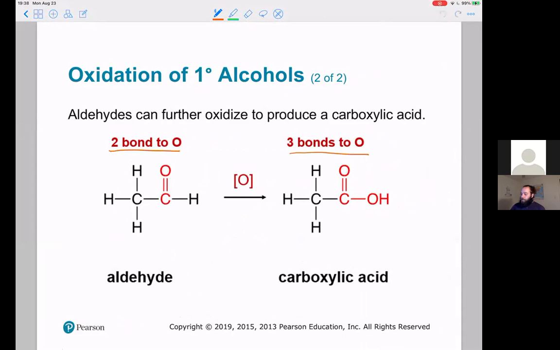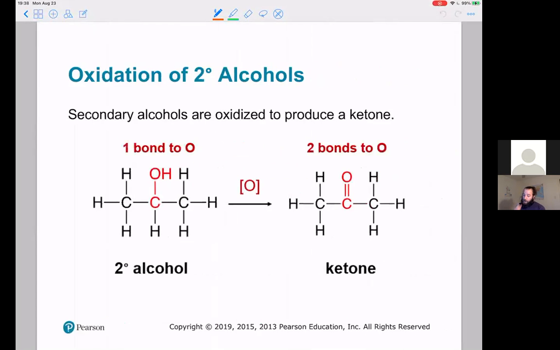And again, that'd be going from an aldehyde to a carboxylic acid. Secondary alcohols can only be oxidized once. You can only go from an alcohol to a ketone, where I go from 1 bond to oxygen to 2. I can't further oxidize this without breaking a carbon-carbon bond.